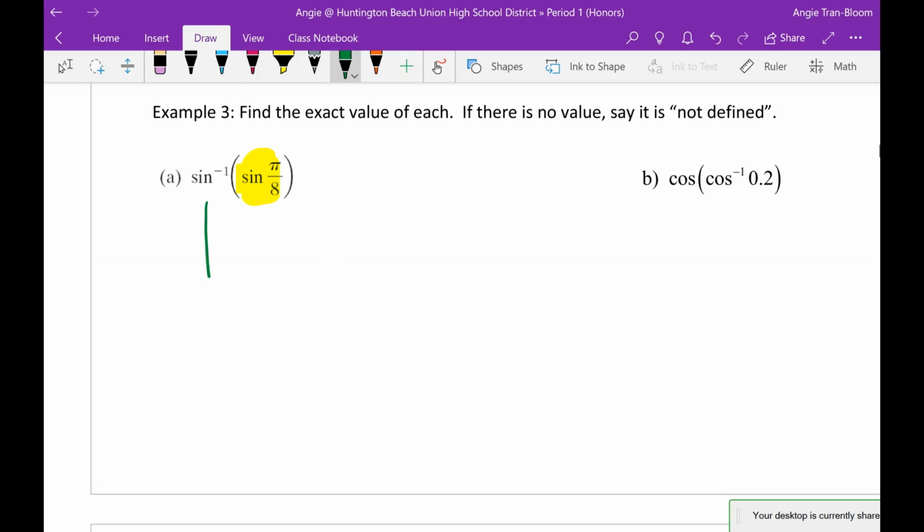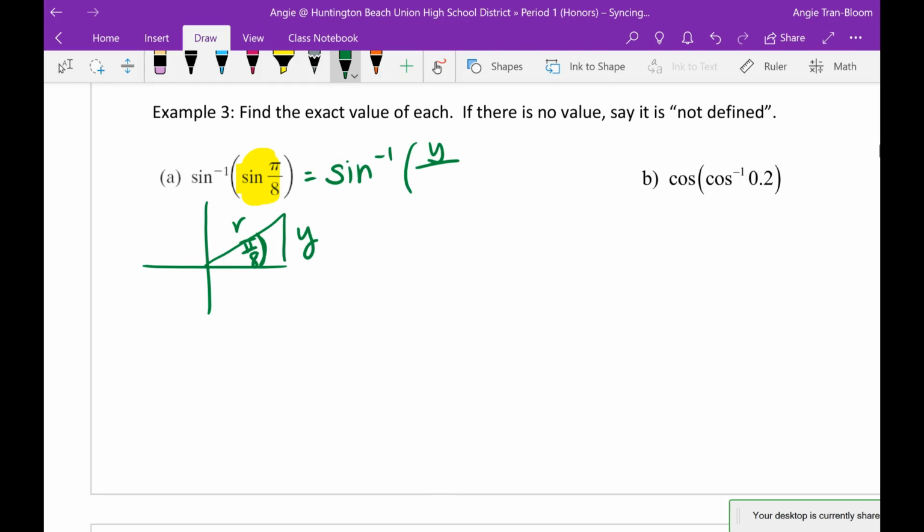The reason I want to do this out is because when it gets a little bit more difficult, you want to understand this. So here's an angle, it's pi over 8. Would you agree that sine is some value of y over some radius, which is unknown? I don't care because I don't have a calculator, but I just want to find the end result. So now you have sine inverse of some unknown y divided by some unknown radius.